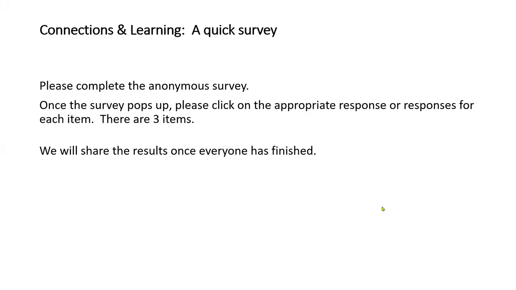As far as the session destination, the majority of you agreed or strongly agreed that we met or reached that destination. And in terms of the course creation process, it looks like the majority agreed or strongly agreed that this was a useful guide, and some of you are still thinking about it, which is fine. Okay, so thank you for participating in that.